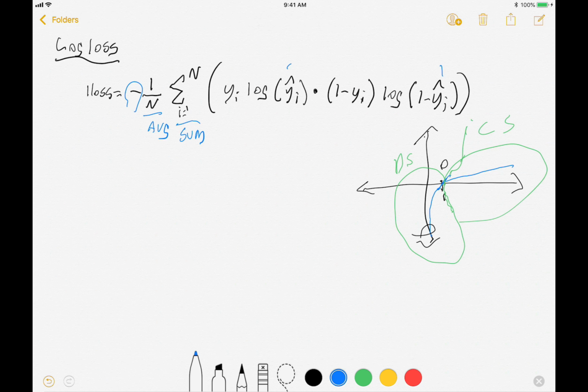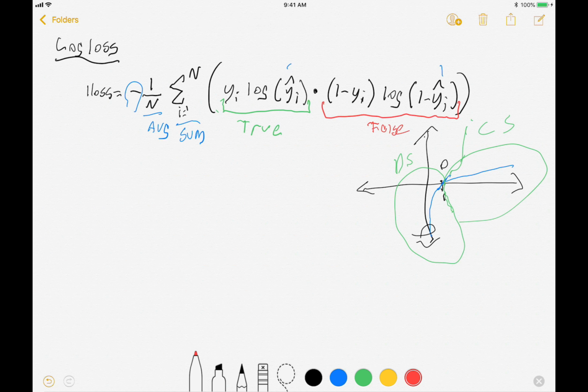The first part of it, which is right here, that's dealing with true cases. And then the other part of it is dealing with false cases. So you're classifying, is it true or false?